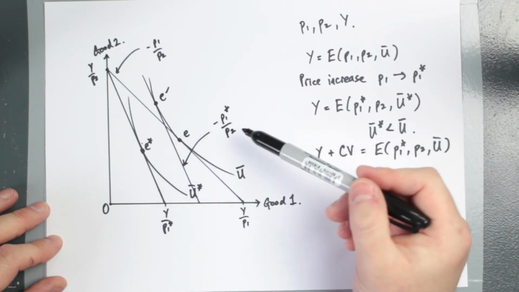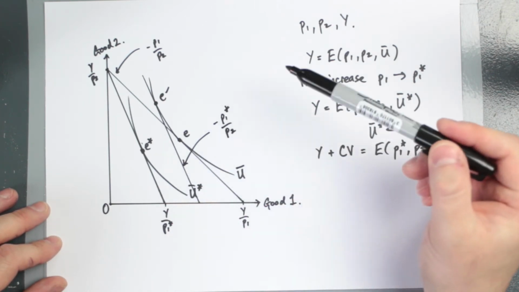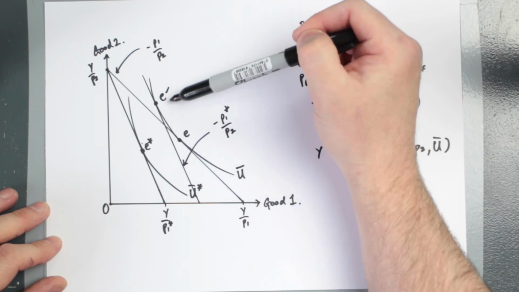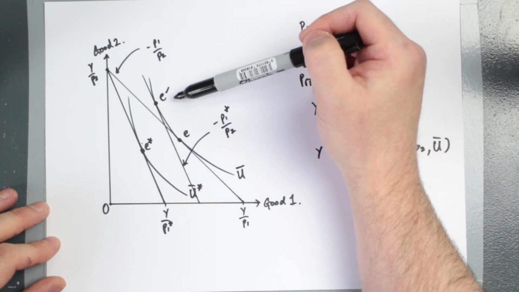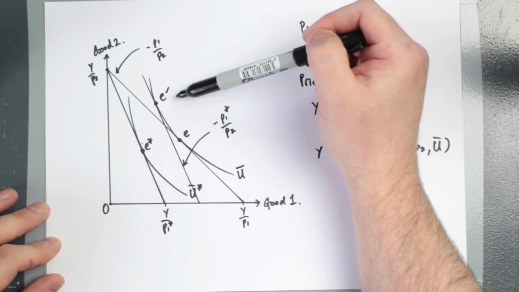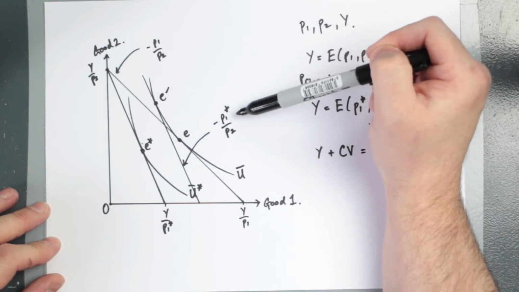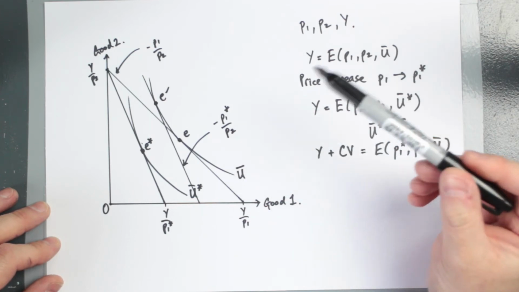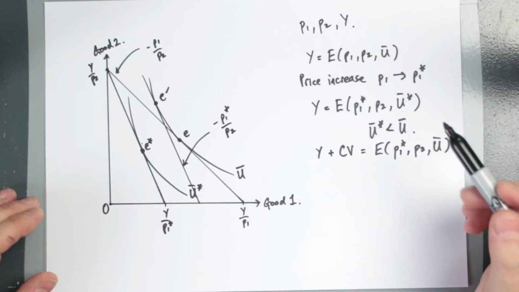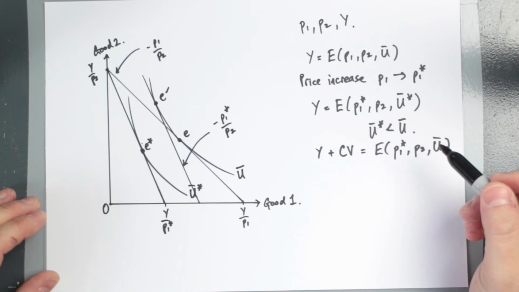Well, now we can see that E prime is the cheapest way, or the minimum expenditure bundle, when the prices are P1 star and P2 in order to achieve a utility level of U bar, the initial level of utility.